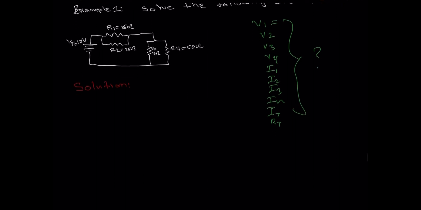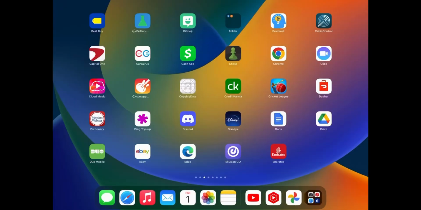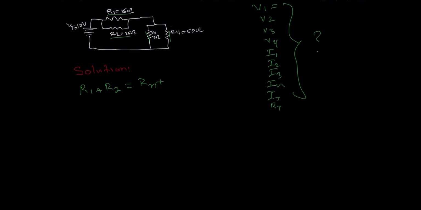Let's move on and solve this example. If we pay attention, R1 is given, R2 is given, R3 is given, R4 is given. So that means we can find the RT here. Let's call R1 plus R2 Rn. I'm just assigning a number there, or in a general way we can say R1 plus R2.